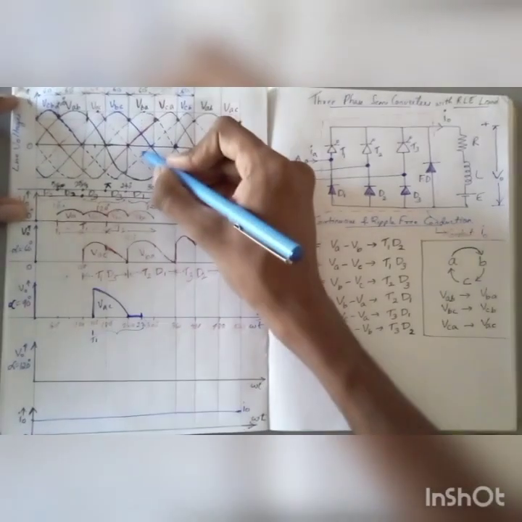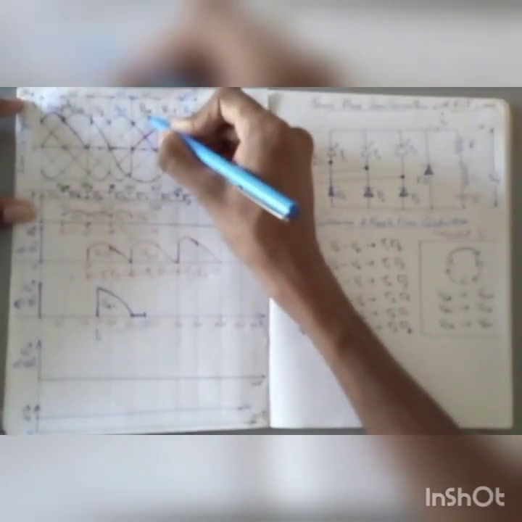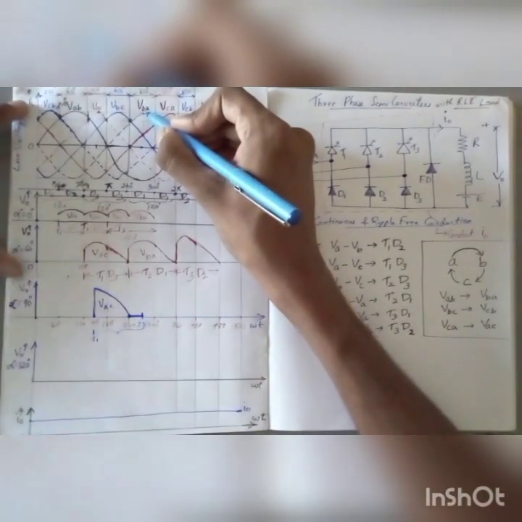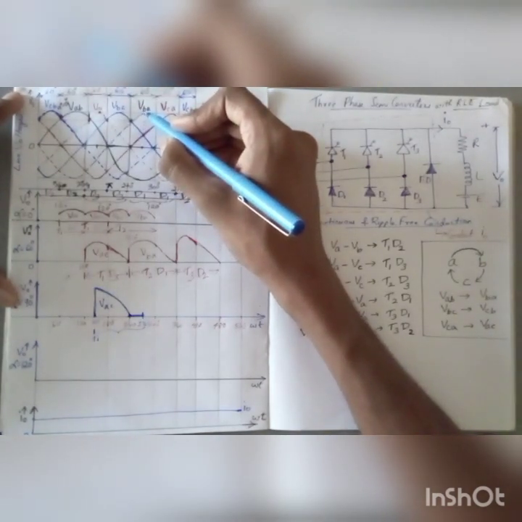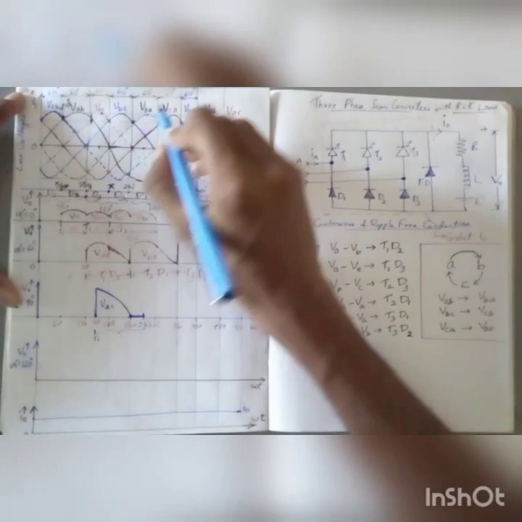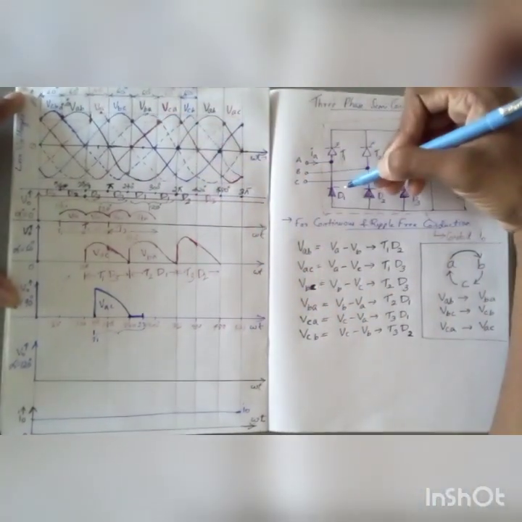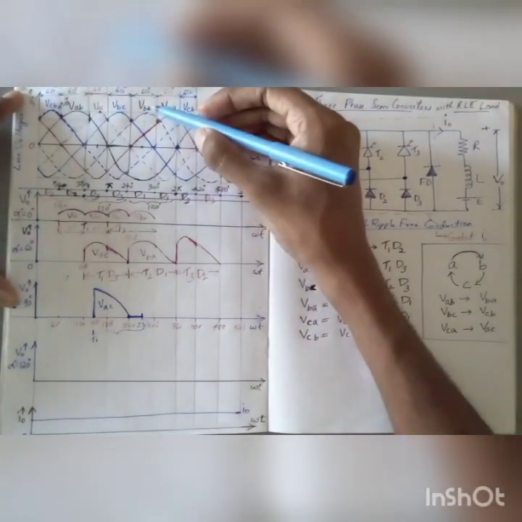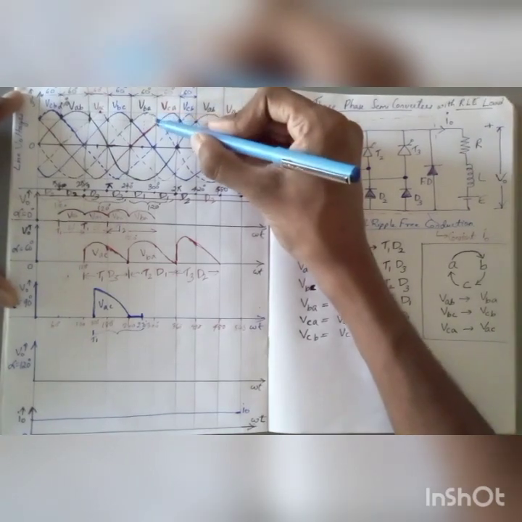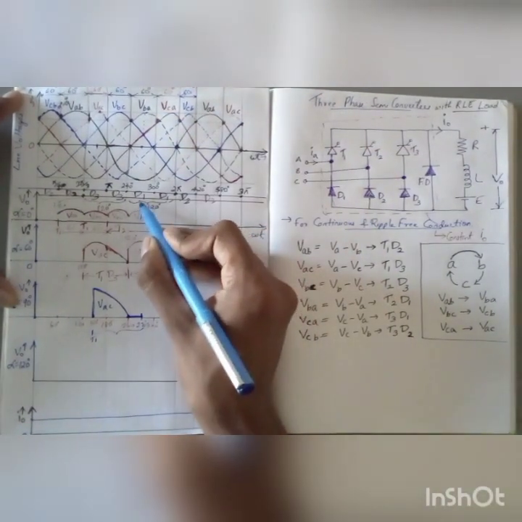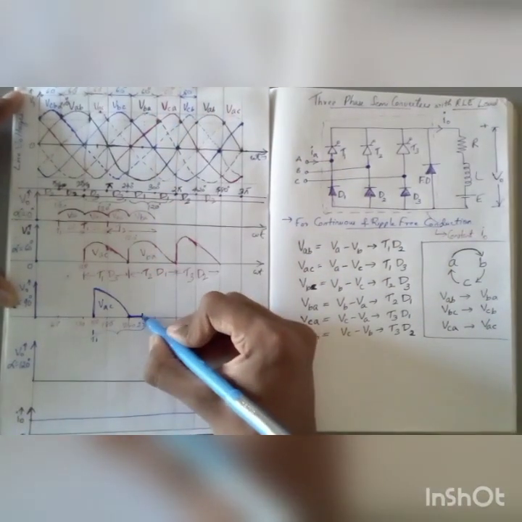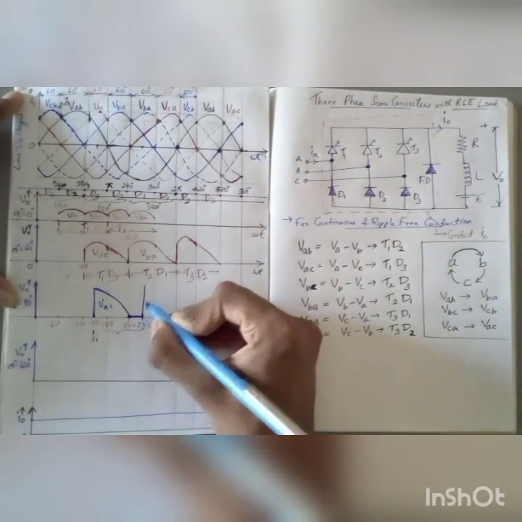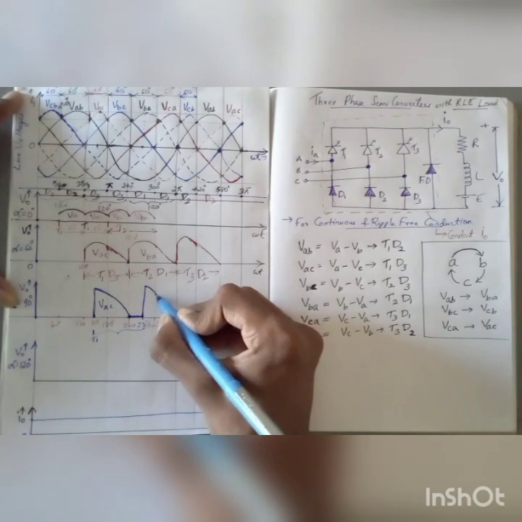At 270 degrees my voltage is VBA, and that will come across my V0 because T2 is now triggered and D1 has already started conducting when VBA became higher. So now the combination is T2 D1. VBA will be appearing across V0 up to this point.